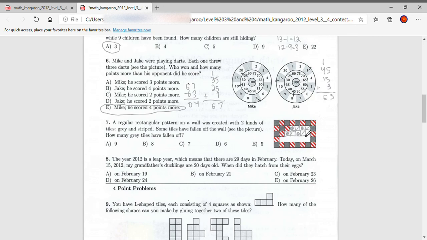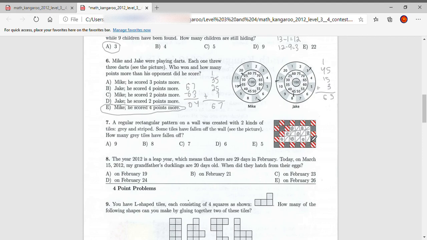After gray comes stripe. And after stripe comes gray. Now once again, after stripe comes gray. After gray comes stripe. After stripe comes gray. After gray comes stripe. After stripe comes gray. And after gray comes stripe.